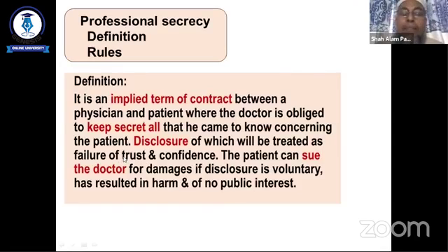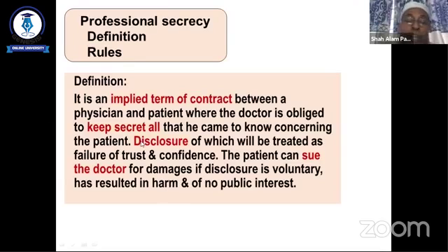The patient has trust and confidence in you. For that, he or she gives you statements regarding her personal life, social life, family life, anything needed, told to you with this trust and confidence.